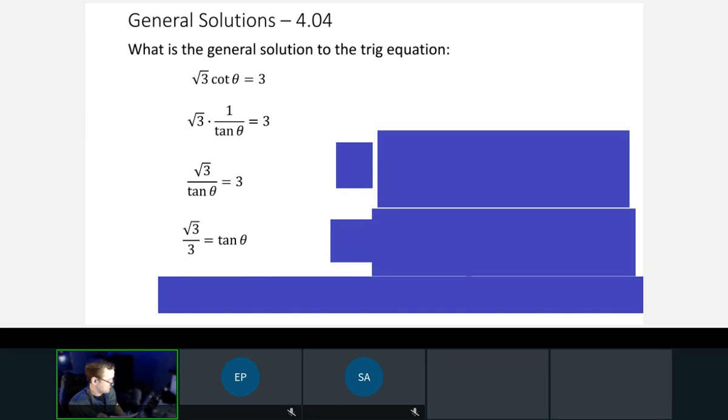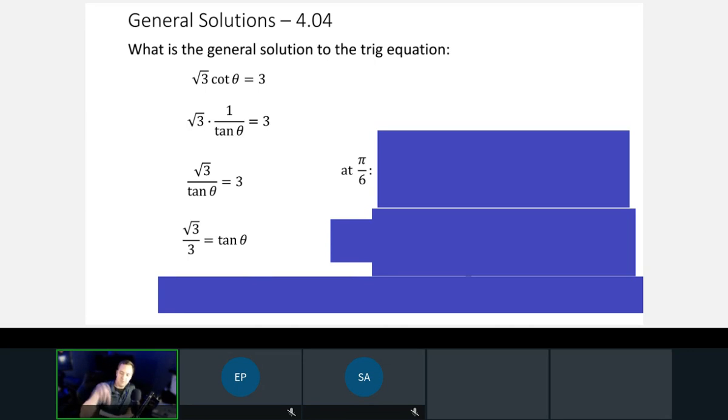But we need to figure out what the angle is where the tangent of that angle is rad 3 over 3. So pi over 6 is the first answer.